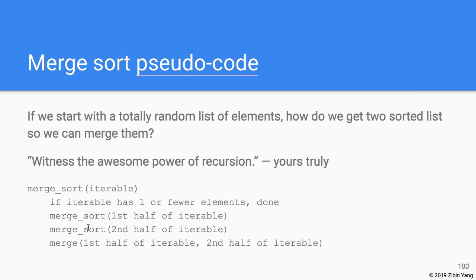Once the merge sort is done on these 2 halves, we should have 2 sorted sublists, and then we can merge the 2 sorted sublists together using a merge function. So in terms of pseudocode, and actually even the idea itself, using recursion is fairly straightforward, and it's quite elegant.